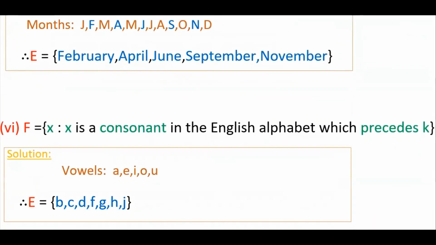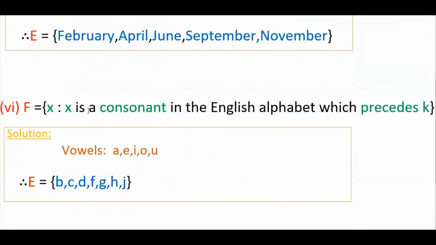Next one is F is equal to {x : x is a consonant in the English alphabet which precedes k}. So here x is a consonant. First you have to know vowels: A, E, I, O, U are vowels. If you take out these vowels, the remaining are consonants. But the consonant precedes K, so before K you have to write those consonants.